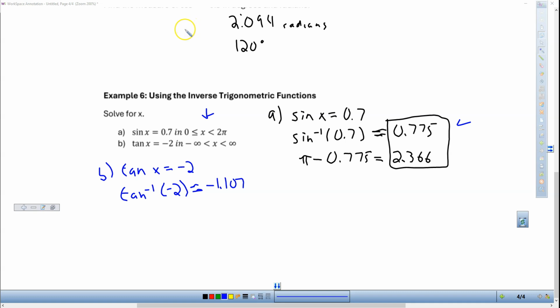However, keep in mind that tangent is periodic with the period pi, and because of that, for the solutions to this equation we actually need to write it in equation form. So yes, this will give me a value, but the better way to think about this is that this is actually more like negative 1.107 plus our period.